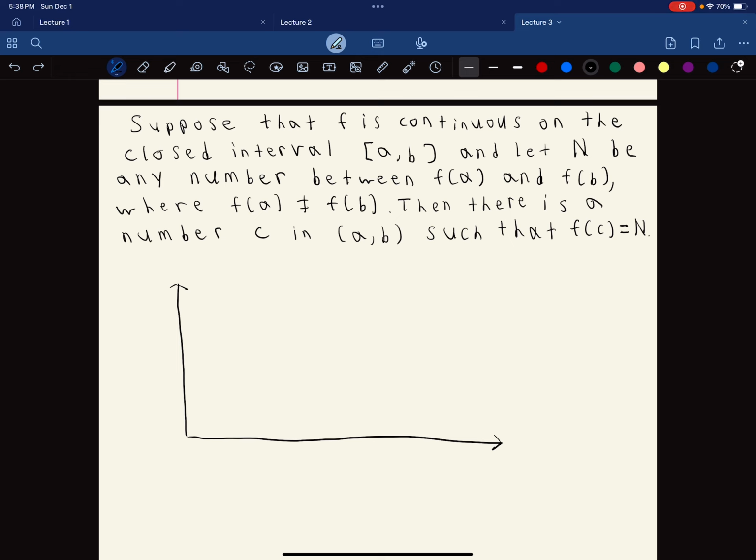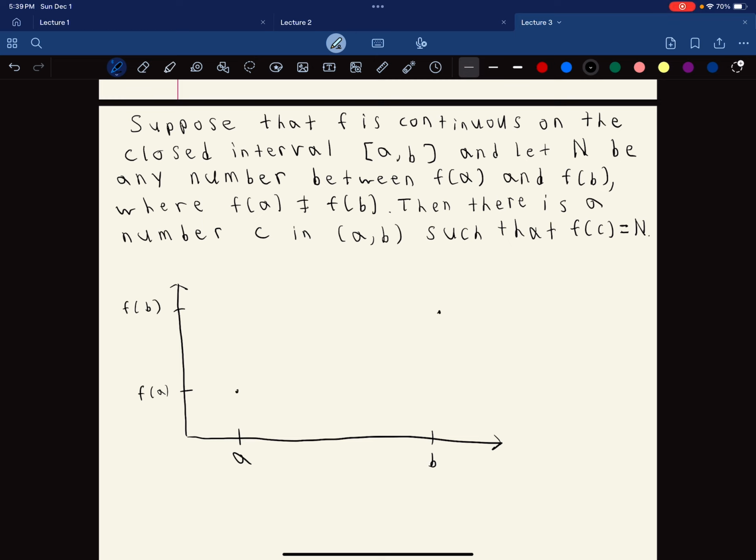So let's say a is here and b is here. f(a) is here and f(b) is here. We know that this would be a point, and this would be a point approximately.